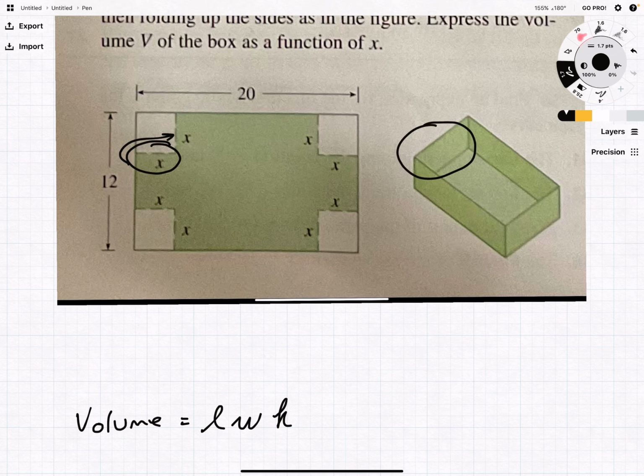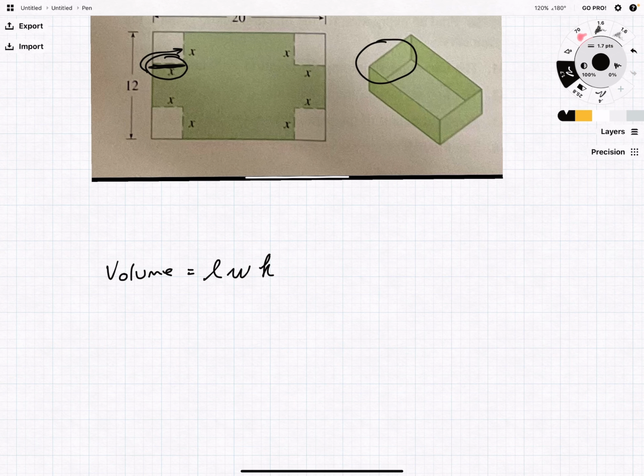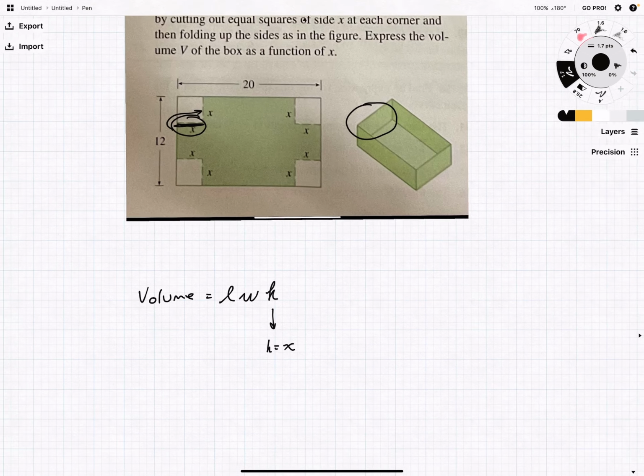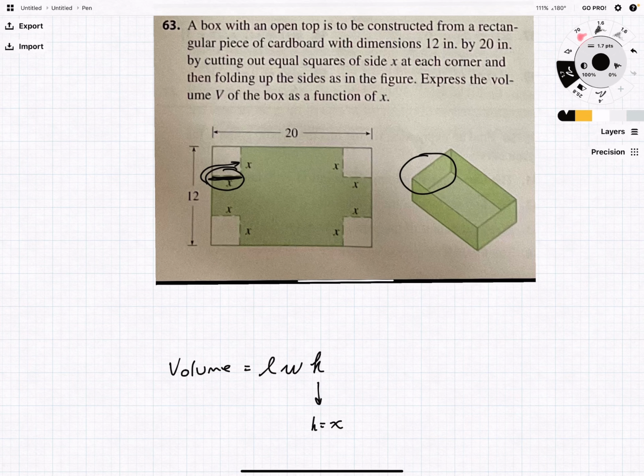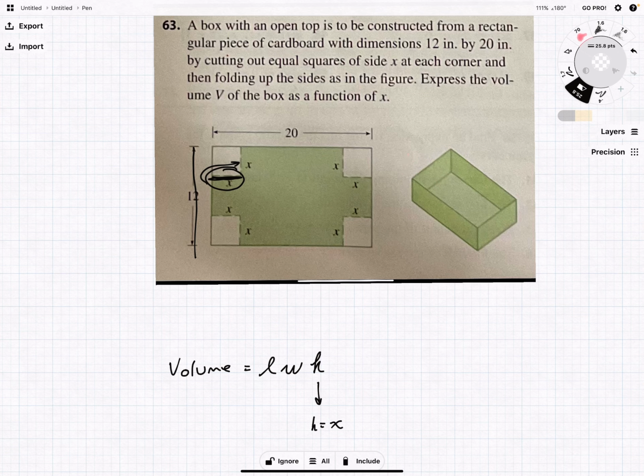If it's length x and we fold it up, then that means our height is going to be equal to x. So the height equals x. And let's call this 12 our width. Let me erase some of this first, so we do one step at a time.